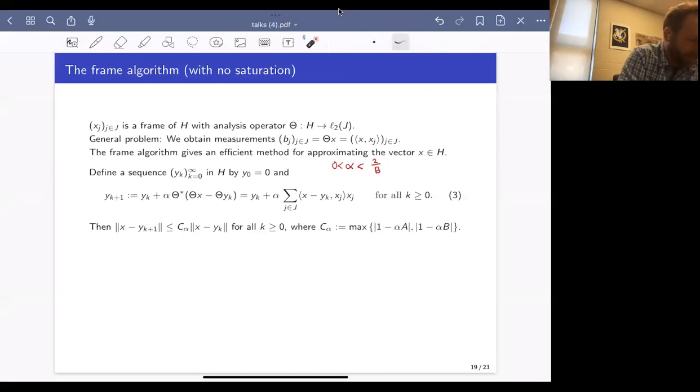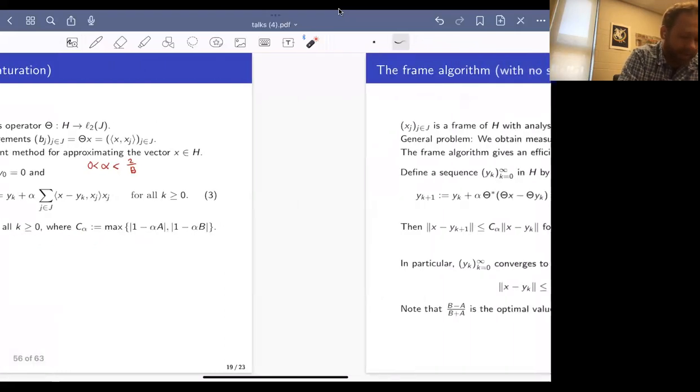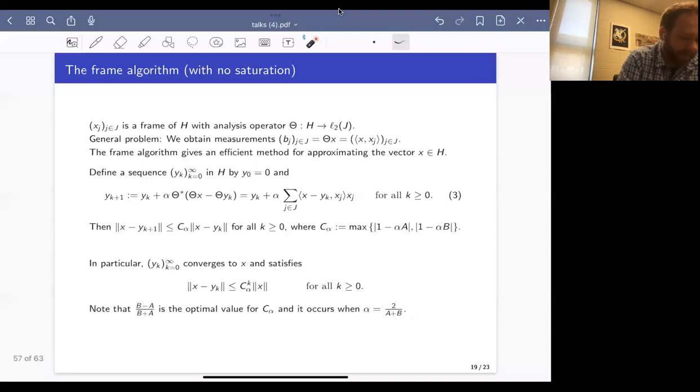Okay, and so the idea is that this algorithm actually converges exponentially fast. So the difference between the k+1 term in my approximation and the kth term, it decreases by some constant factor. And you can see that alpha can be anything.